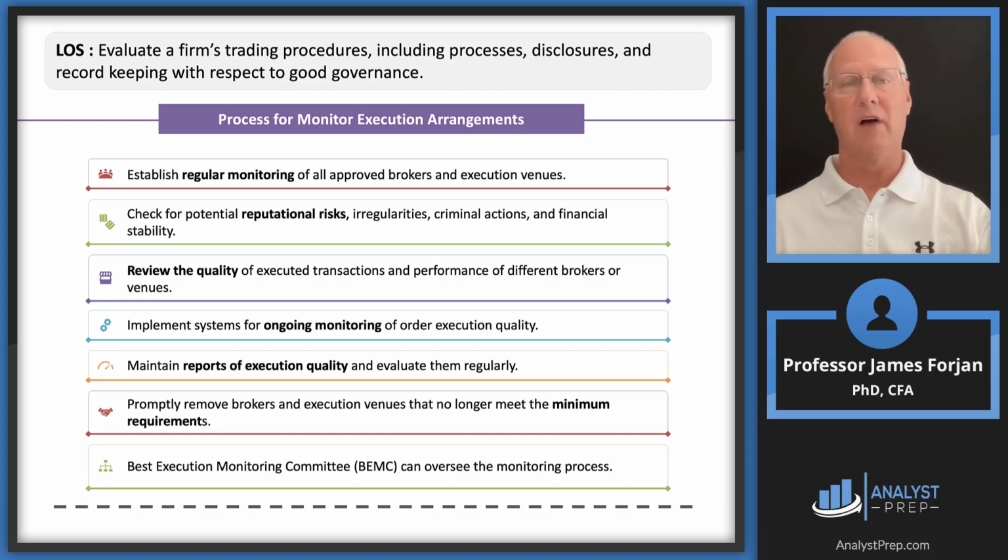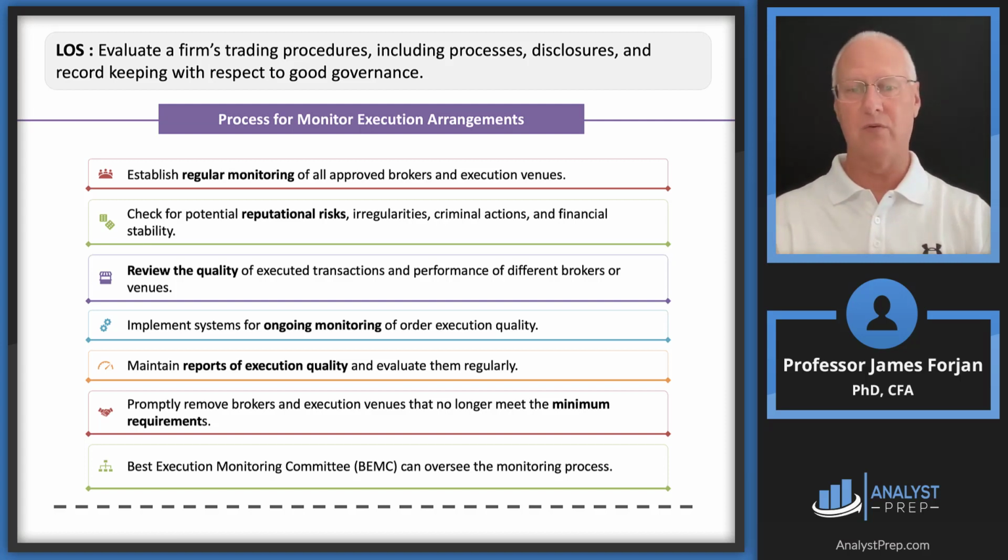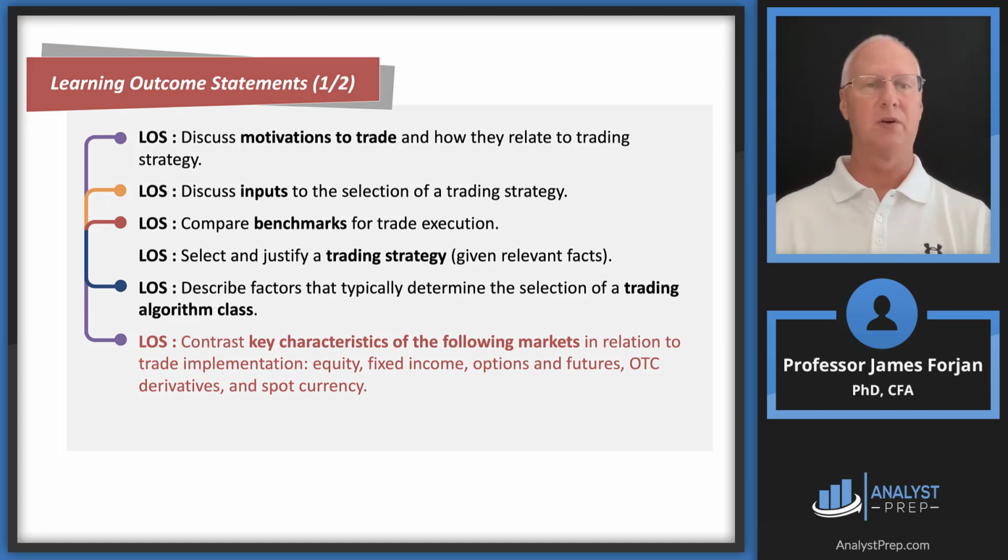This links back to good governance, right? We talked about good governance at the corporate level. Now we're talking about good governance at the micro level. So we need to distribute this to all of those people out there, and we should have a committee that monitors this. All right, so that takes us through part 2.